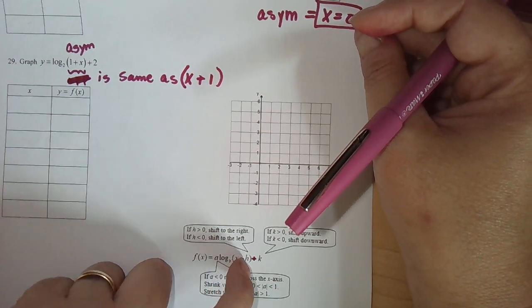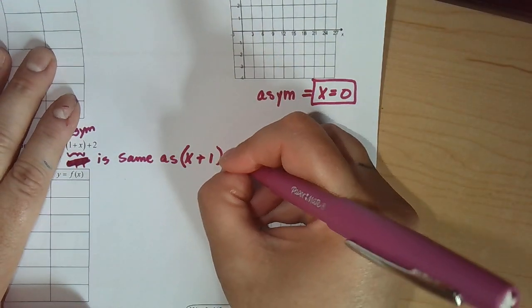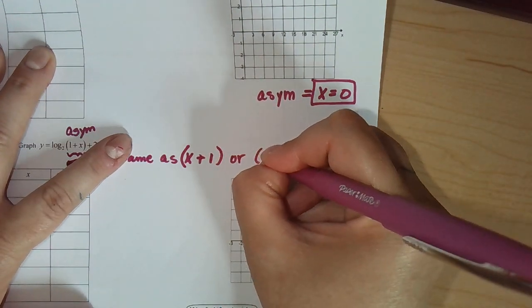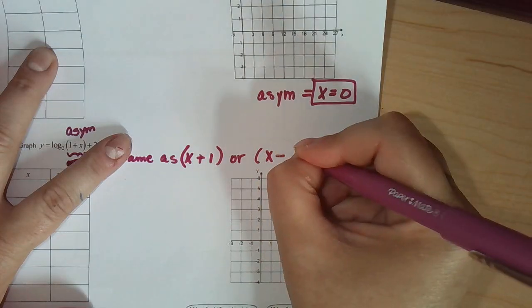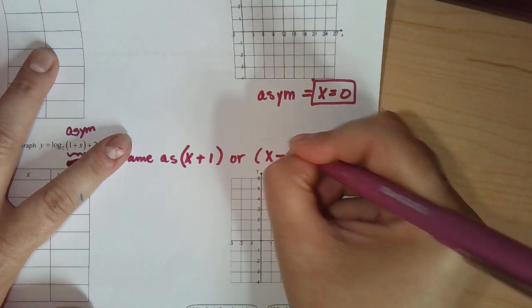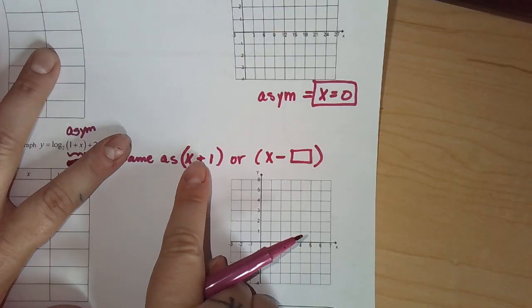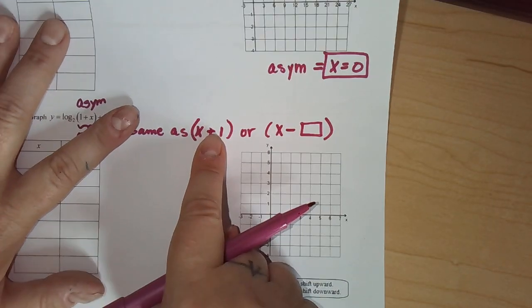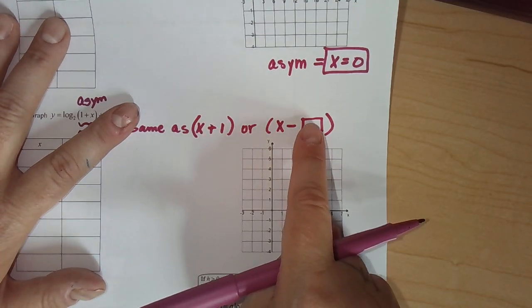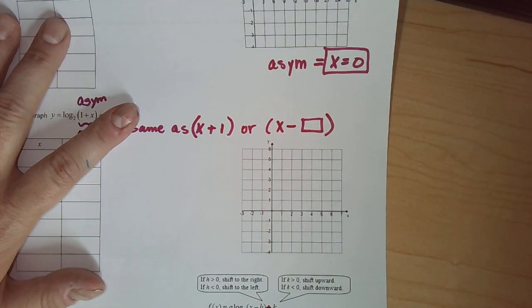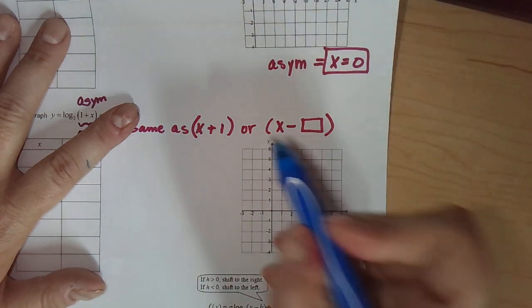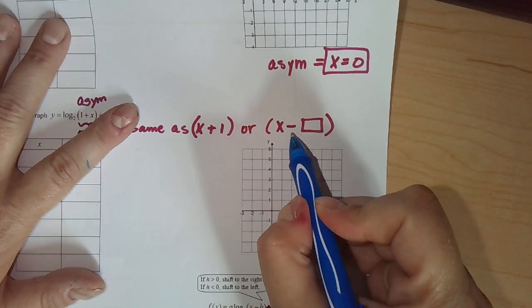So I want to know x minus what gives you this +1. So what do I have to put in this little box so that it will pop out a +1?